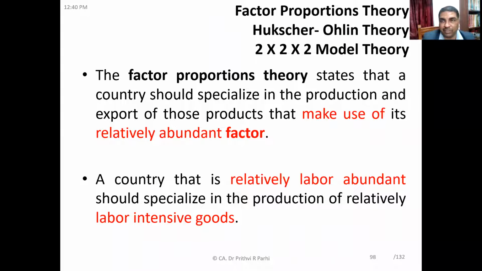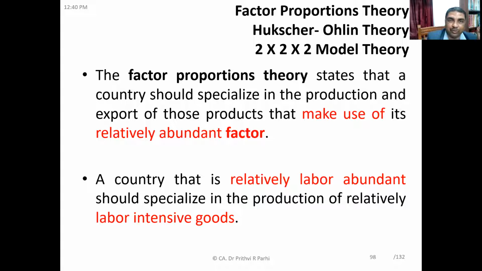First, this particular theory, as you can see, is called the factor proportions theory. It's also referred to as Heckscher-Ohlin theory, or the 2 by 2 by 2 model.